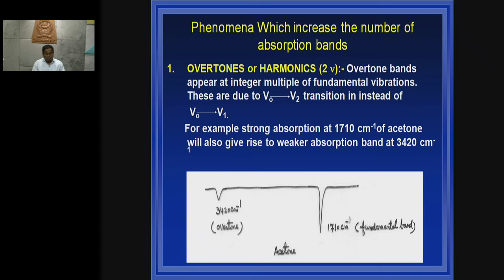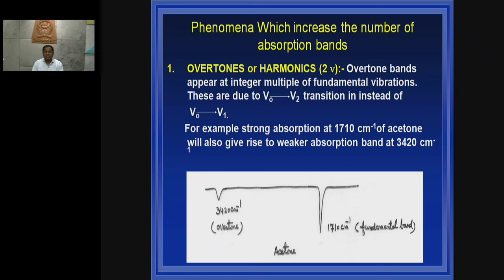Now we are going to explain some different phenomena which increase the number of absorption bands, and some which decrease the number of absorption bands. The first is overtones or harmonics. They are observed for some molecules. Overtone bands appear at integer multiples of the fundamental vibrations.